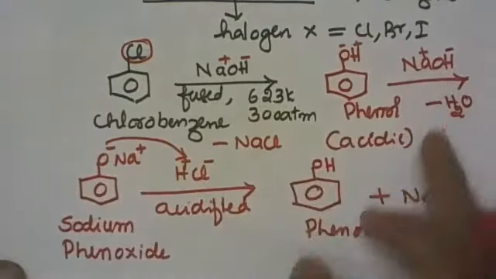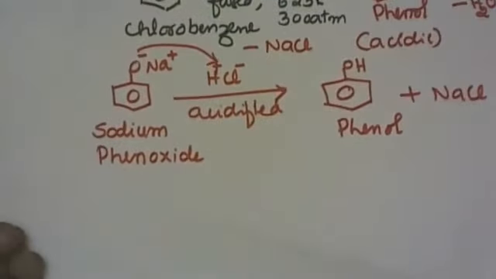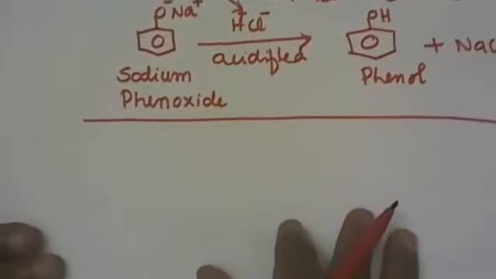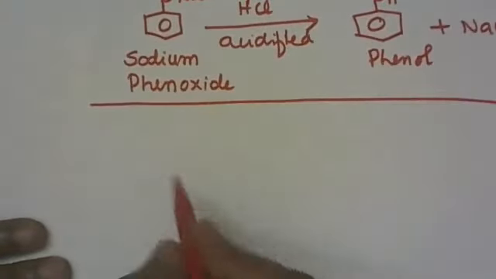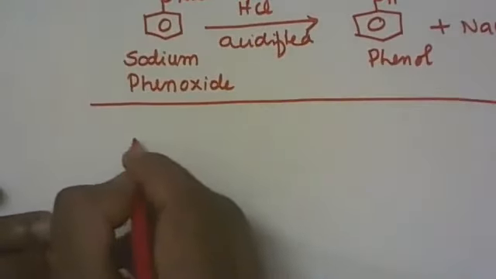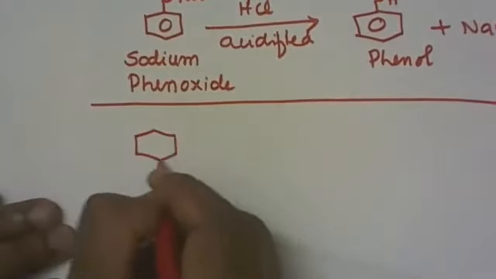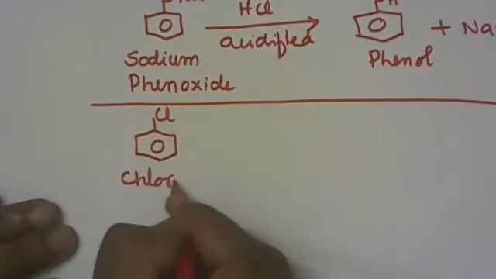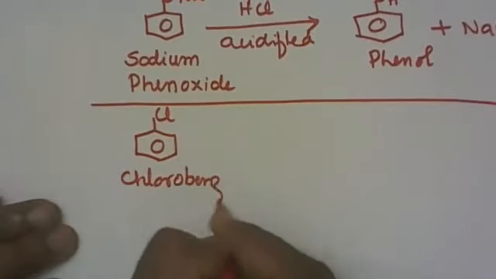The textbook will not give such a detailed reaction, so in the examination you can refer to the textbook answer. So I'm going to condense the reaction. How will they write the reaction? We start with chlorobenzene, and we must write the names of the structures also.